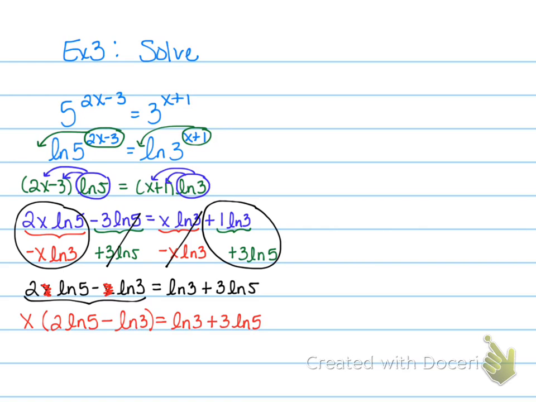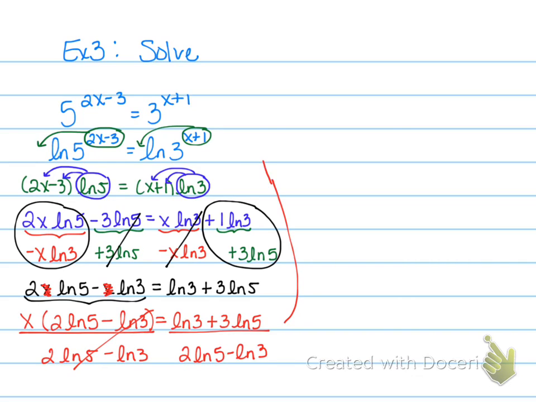And so now to solve for x, it's x times the parentheses. So let's just divide by what's in the parentheses. And then this is going to cancel. So I'm going to rewrite this up here.